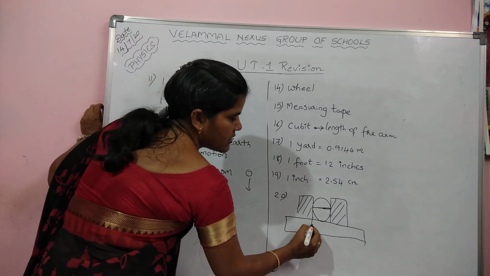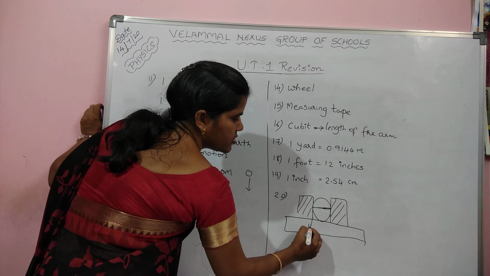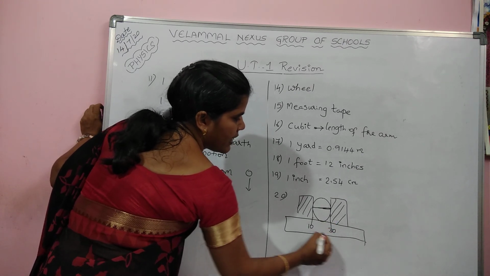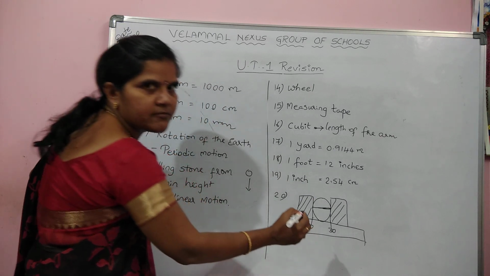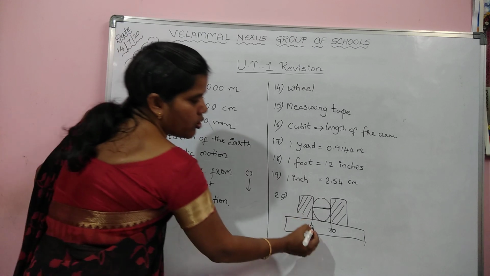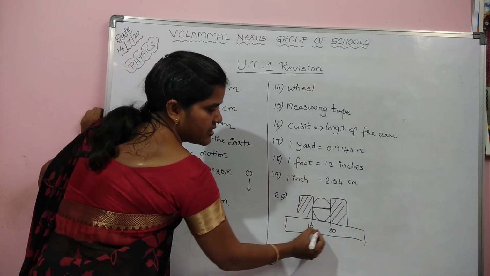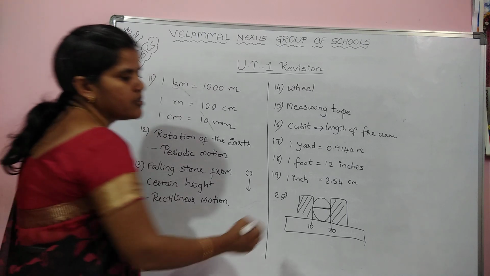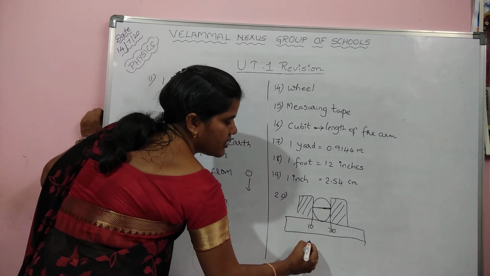Initially, suppose it is showing around 10. It is showing around 30. I call this the initial reading, 10 centimeters, and this 30 centimeters I'll call the final reading. Now, how can I find out the reading here?